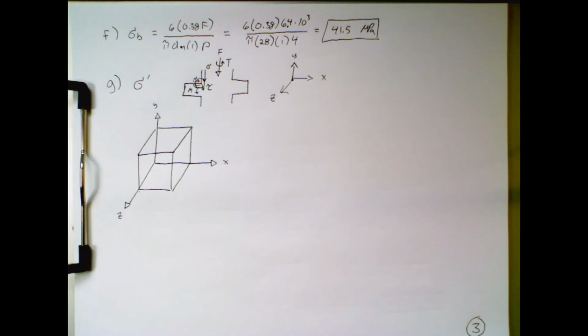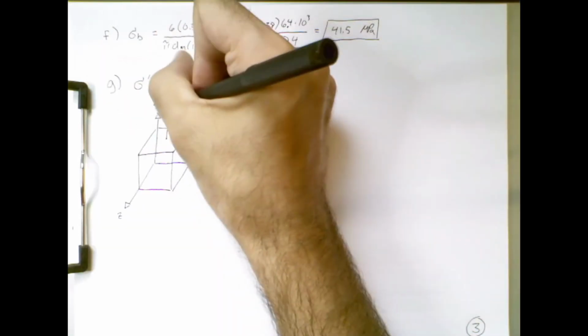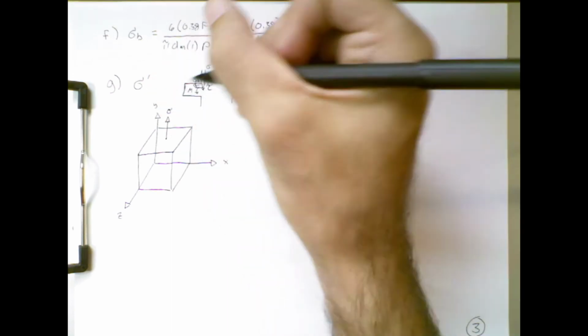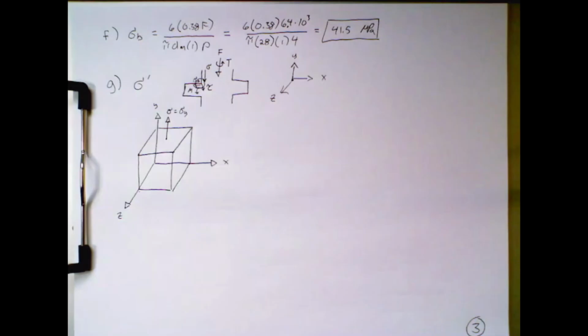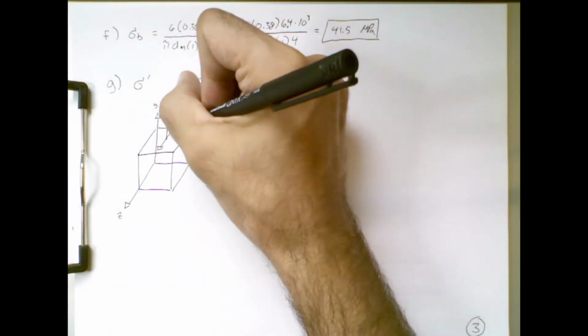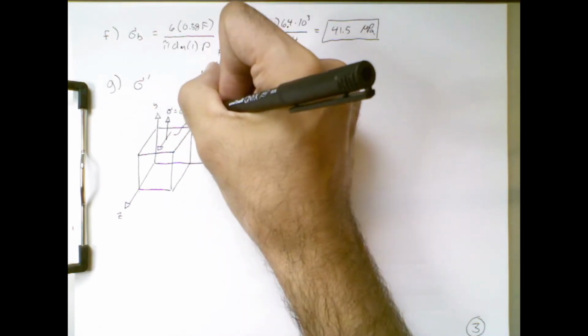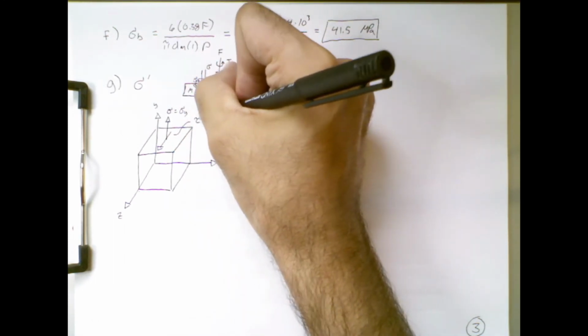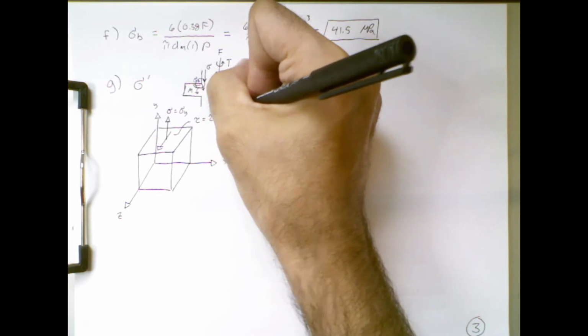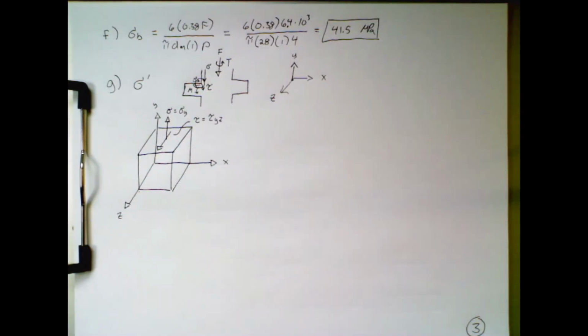Okay, so what are some of the non-zero elements going to be? This screw body stress is going to be acting in this direction, and so that's going to be the normal stress in the y direction. The shear from the screw body torsion is going to be equal to the shear stress in the y-z direction.